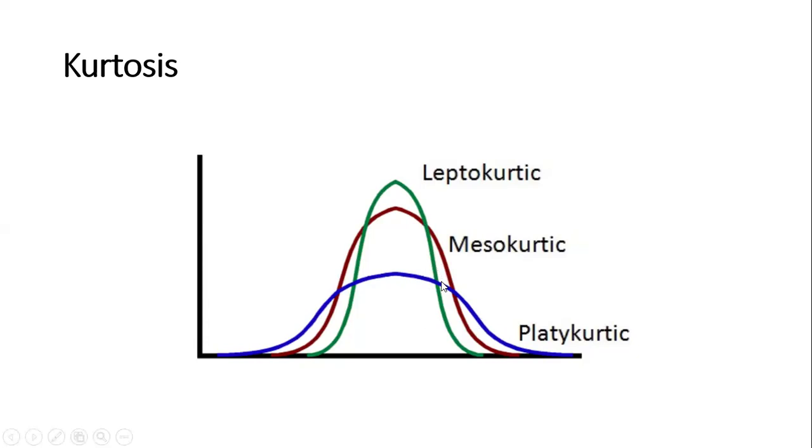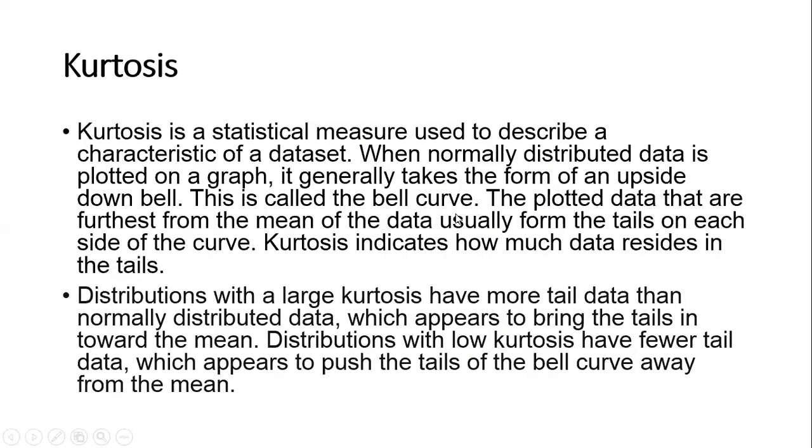When the tail tends to contain less data, then kurtosis will be low. When the tail contains more data, kurtosis will be high. Distributions with high kurtosis have more tail data than normally distributed data.